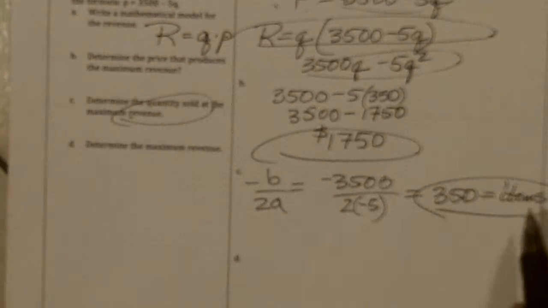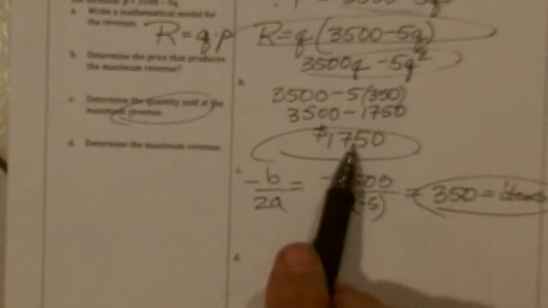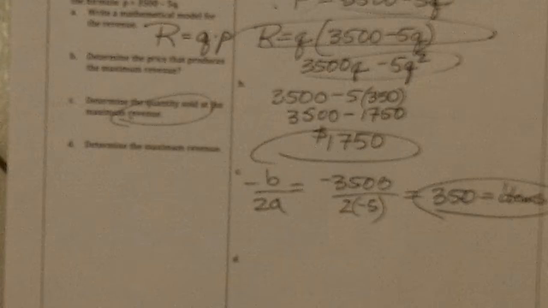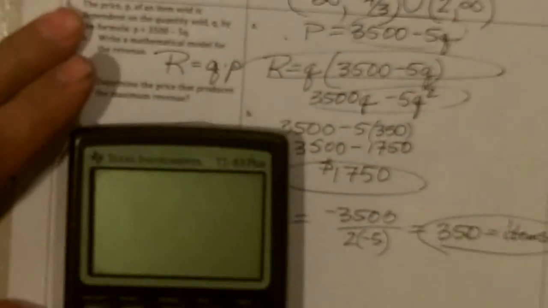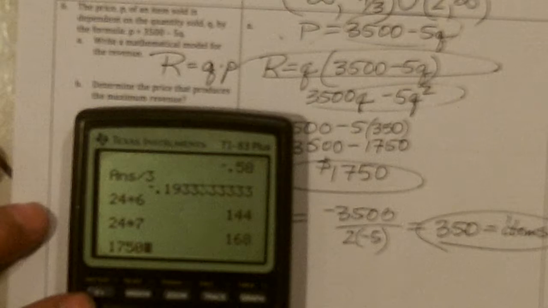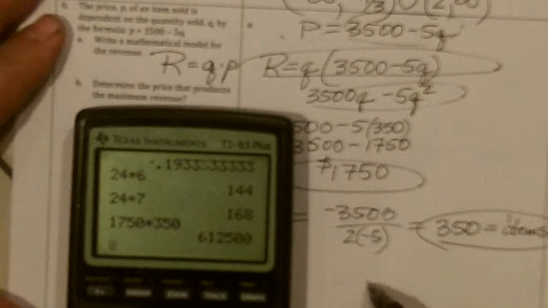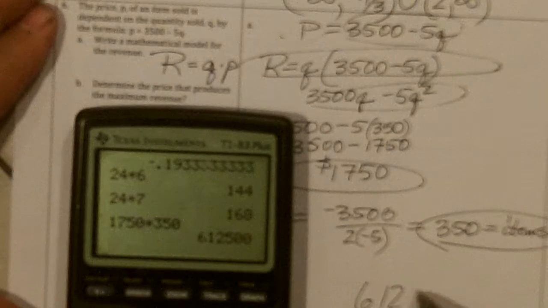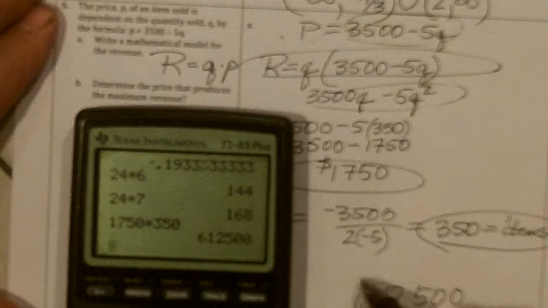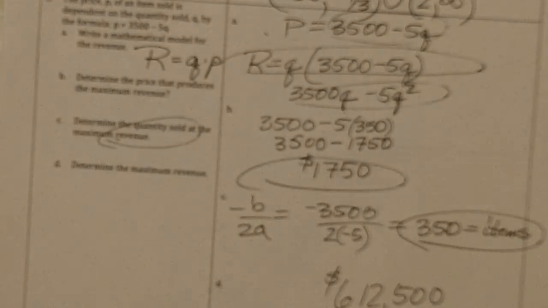So there's the price, there's the number of items, and the revenue is number of items times the price, or we can plug that into the equation, but we can just multiply these two. 1,750 times 350, and we get 612,500, 612,500 in revenue.